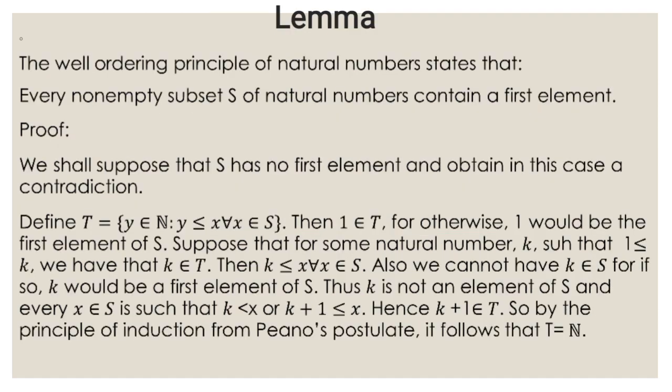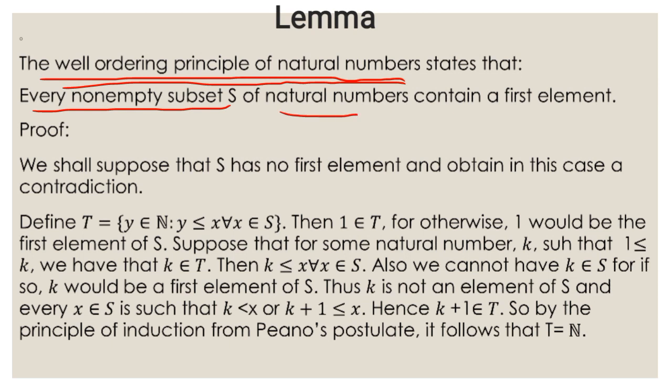Now we have a lemma before us. The lemma is called the well-ordering principle of natural numbers. So if I say, state the well-ordering principle of natural numbers and prove it, all I want you to be able to say is this: every non-empty subset S of natural numbers contains a first element.